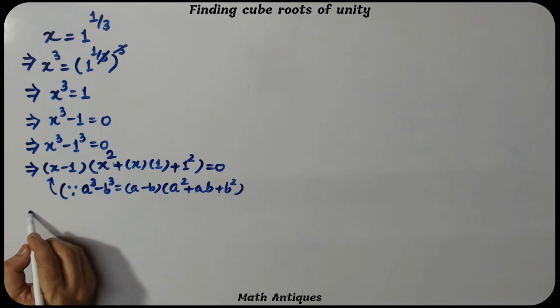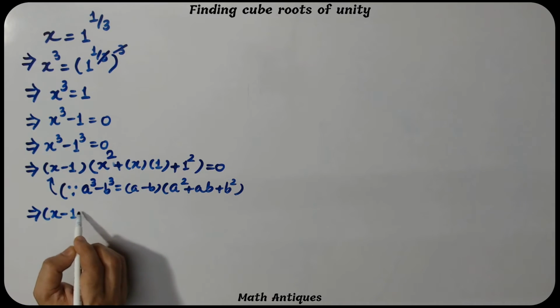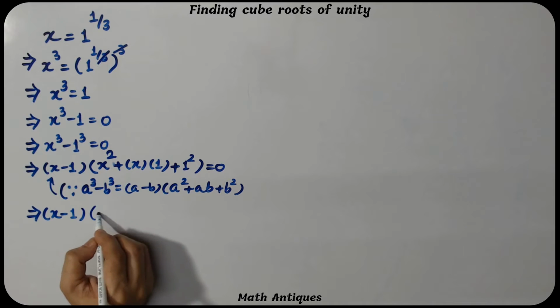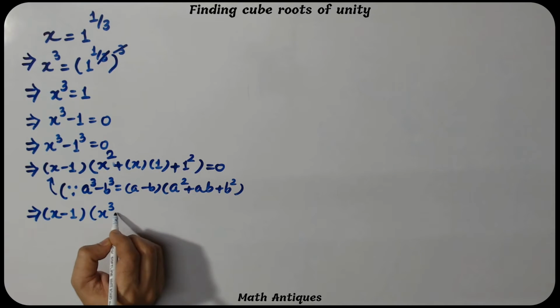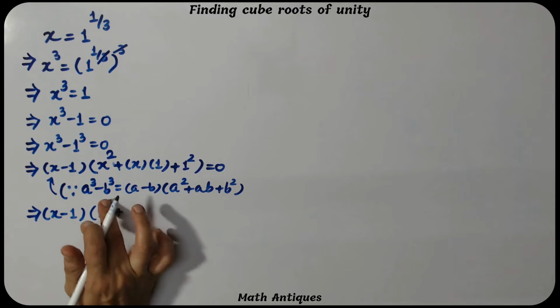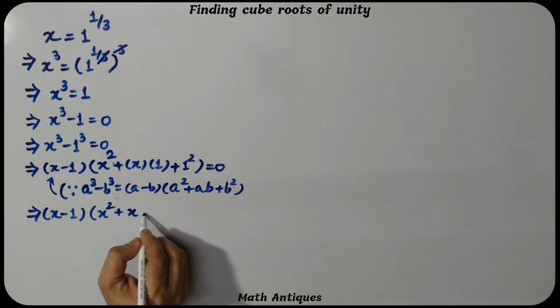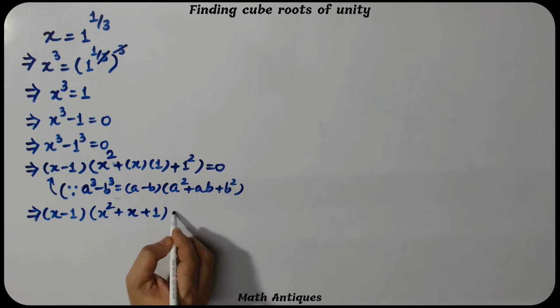So on simplifying, we will get the first factor is x minus 1, another factor is x square, I'm sorry for that, it is x square plus x plus 1 equal to 0.